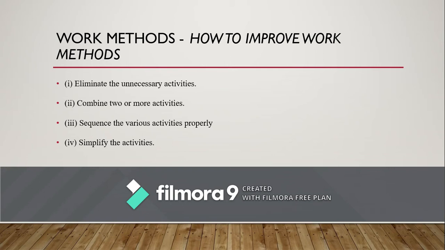If elimination is not possible, then the possibility of combining different activities can be explored, that is, combine two or more activities. The next strategy is to identify the scope of change in the sequence of operations. Then the last and most important one is to simplify the activities.